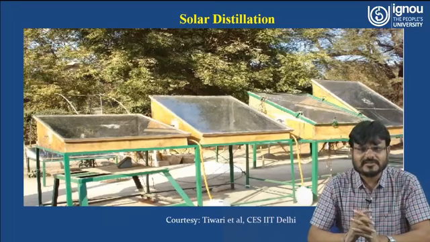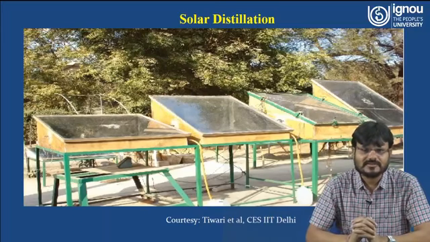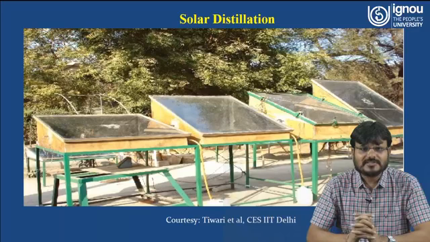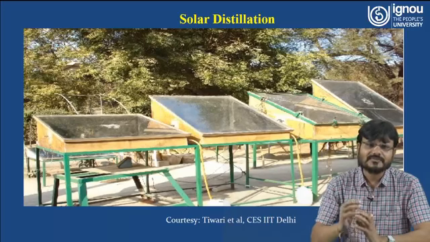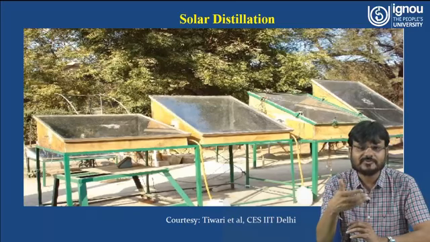Here are some pictures that I have taken from IIT Delhi. My guide Professor G.N. Tiwari has worked a lot on this. So here you can see there are different types of solar still arrays. You can see the difference is in the different angles, because the aim is what? You have to get the maximum solar radiation, and to get the maximum solar radiation means you have to get more heat.